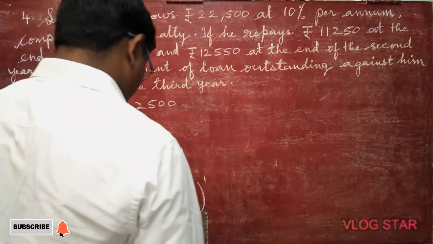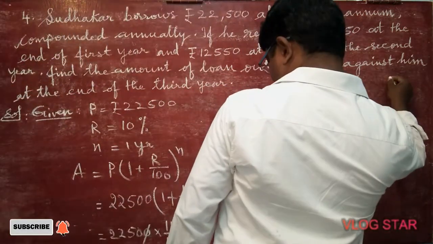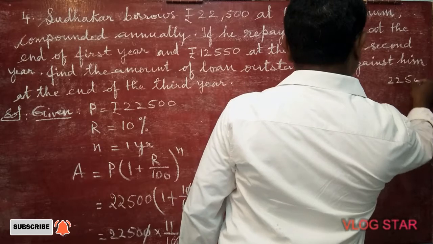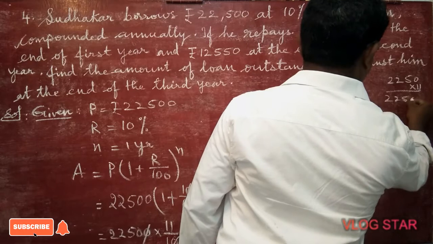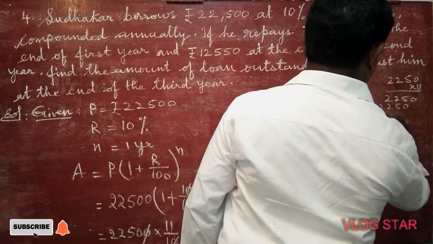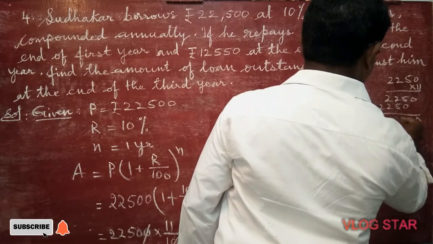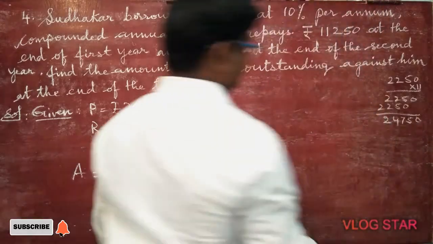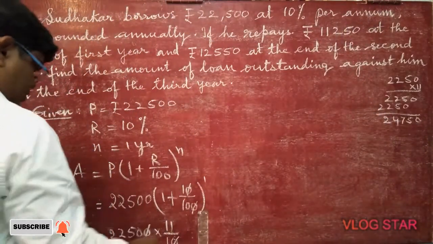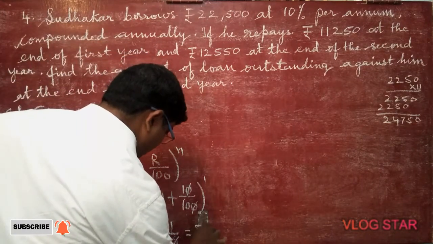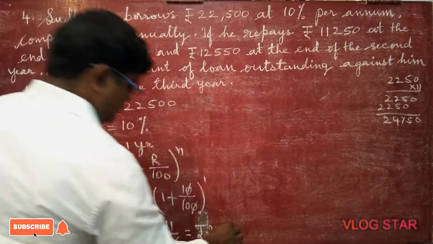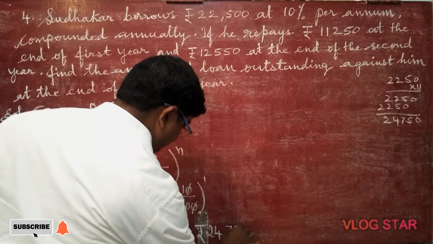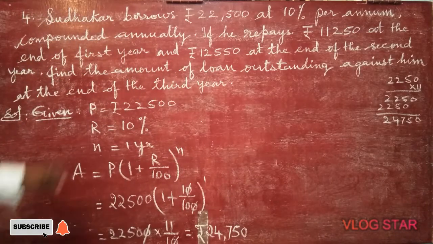How much will you get if you multiply 2,250 into 11? 24,750. This is the amount at the end of the first year.